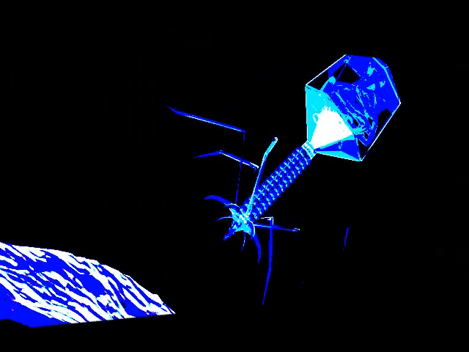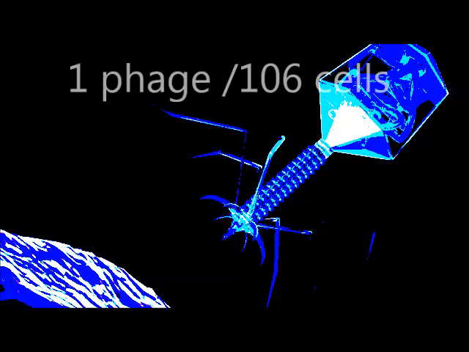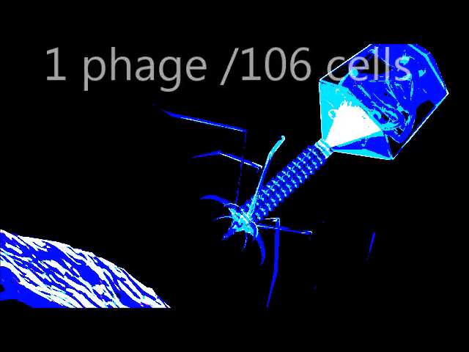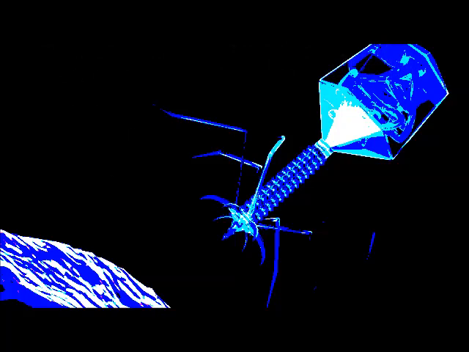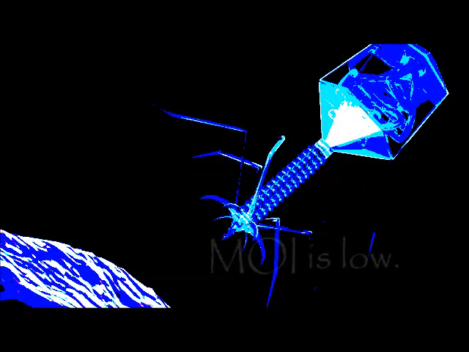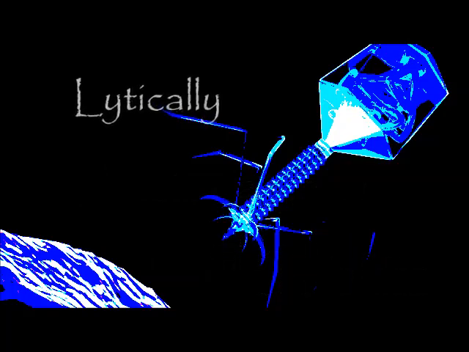When the cells are initially infected with phage, the ratio of phage to cells is usually about 1 phage per 10^6 cells. Initially, the nutrients are plentiful so the bacteria grow rapidly, and since the MOI is low, the phage grow lytically.